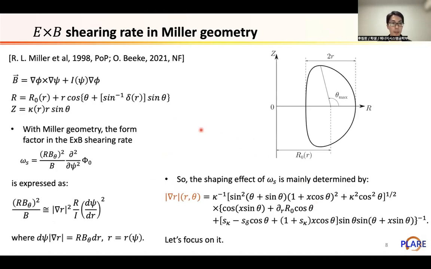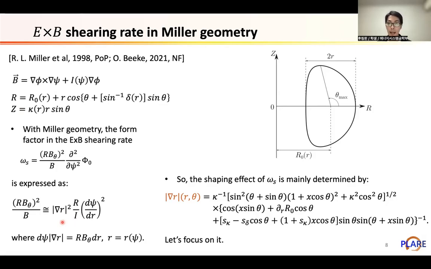Then we employ Miller's equilibrium model. For now, we can focus on this factor, which is named the form factor. We can transform it in Miller's geometry into this form, and it determines the toroidal variation of the flow shear.